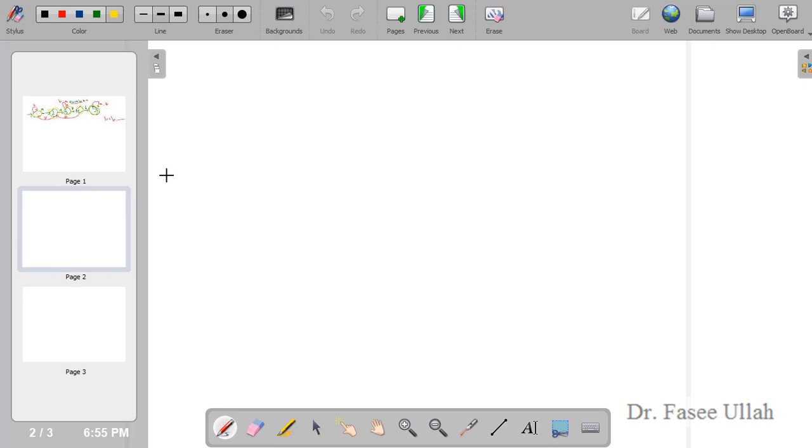Let me draw it very quickly. Initial state, okay, as we know, but here we have to convert it.